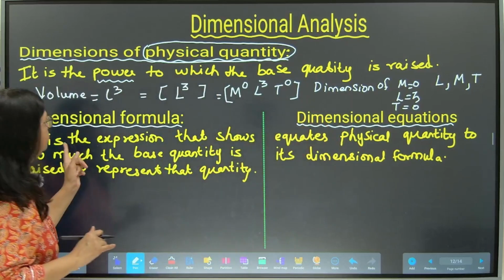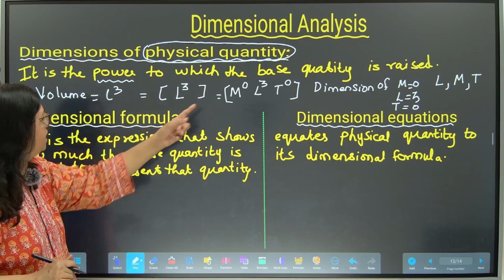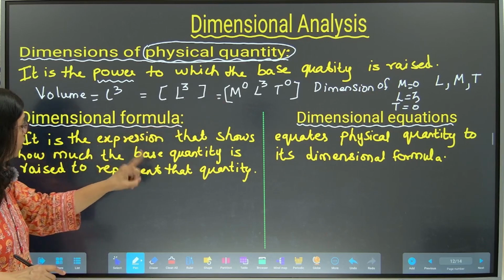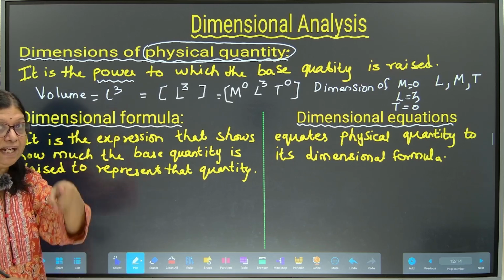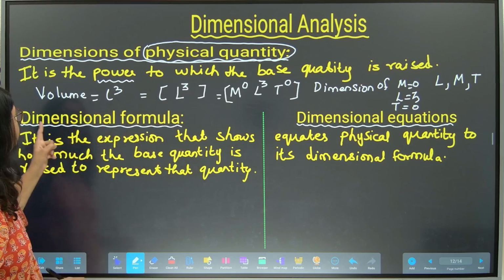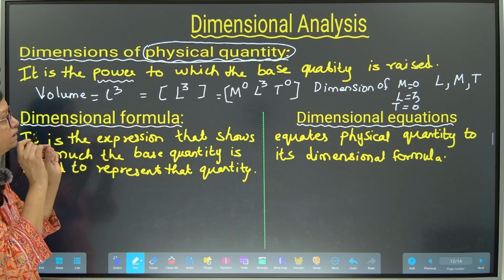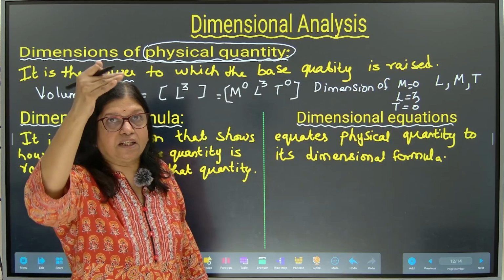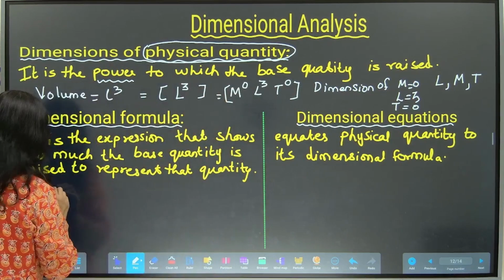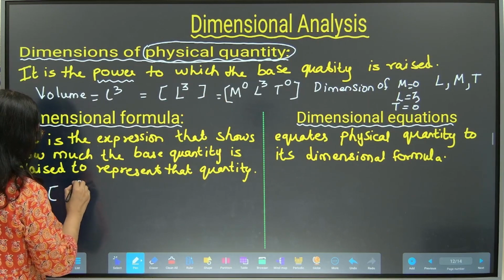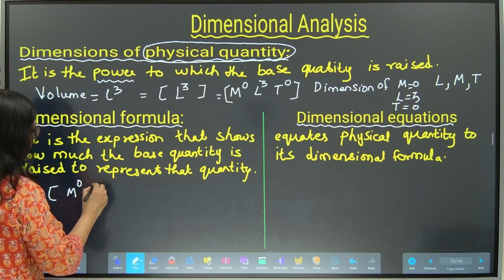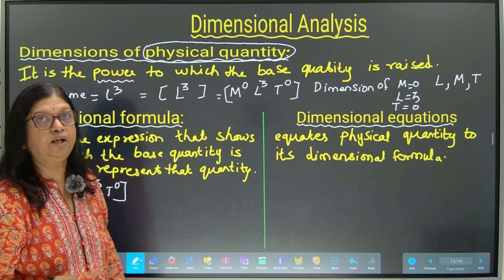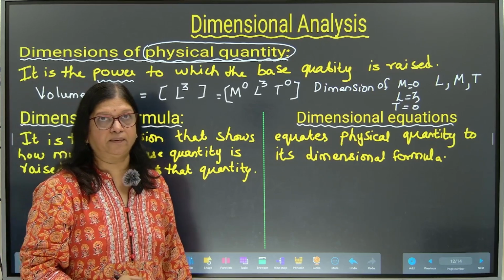Now, what is the dimensional formula? The expression that shows how much the base quantities were raised to represent that physical quantity is called a dimensional formula. So, what is dimension? Dimensions are these numbers to which the base quantities are raised, and what we wrote just now, M raised to 0, L raised to 3, T raised to 0, is called the dimensional formula of that quantity.